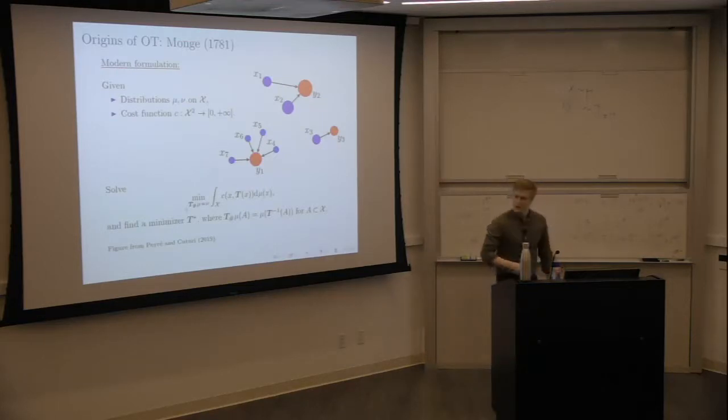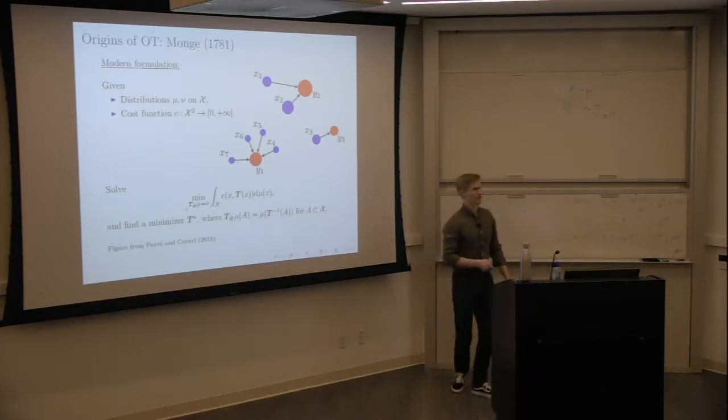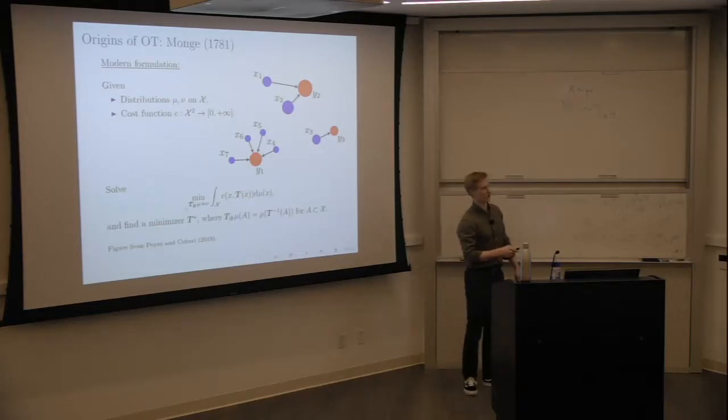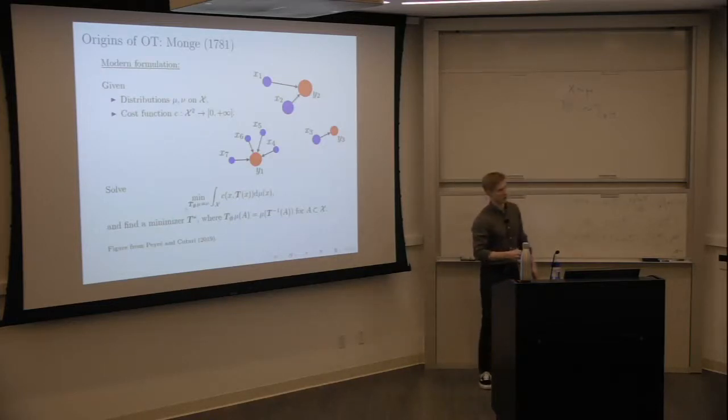So this is the kind of problem that Monge was interested in. But we can already see that there is a lack of flexibility in this problem, right? Suppose that we flip the roles of mu and nu. Suppose we wanted to transport the red distribution to the blue distribution.